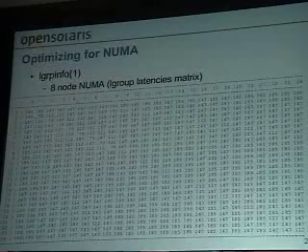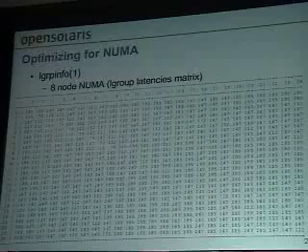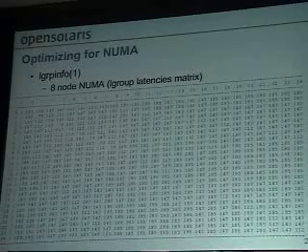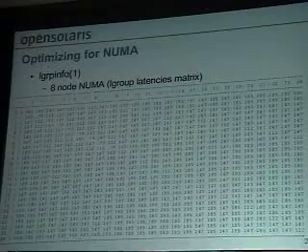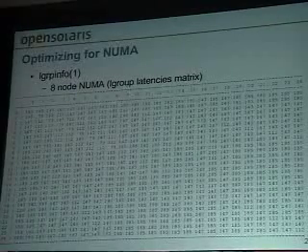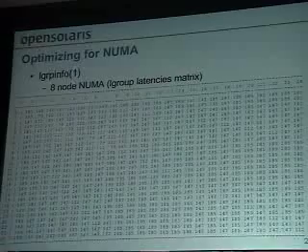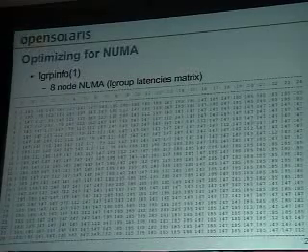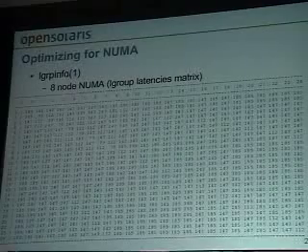If you're accessing information from an LGroup to the same LGroup, you have the lowest, the local access I was telling you about. So this is an 8 CPU machine, so it goes as high as 8 here, and then things start to get a little different.